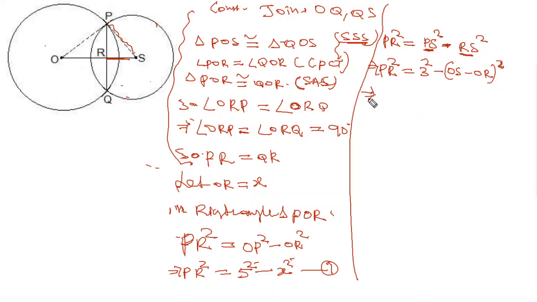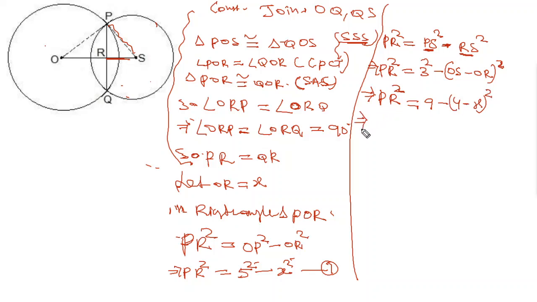Now PR square is again equal to 3 square, which is 9, minus OS minus OR whole square. Look at the figure, OS is 4, and we have assumed OR equal to X, so we can write 4 minus X whole square.